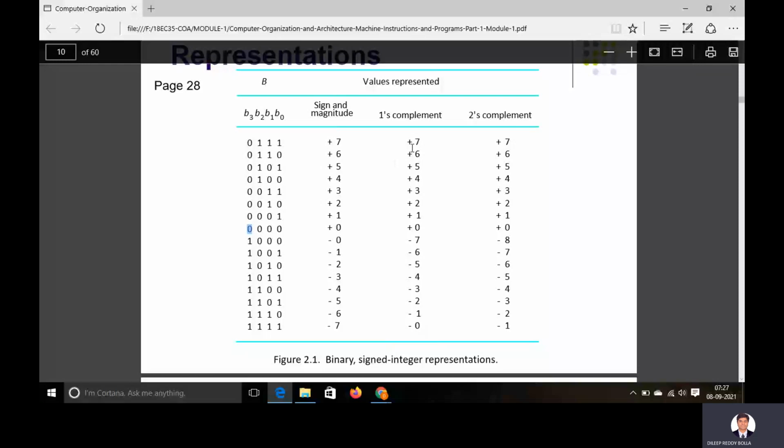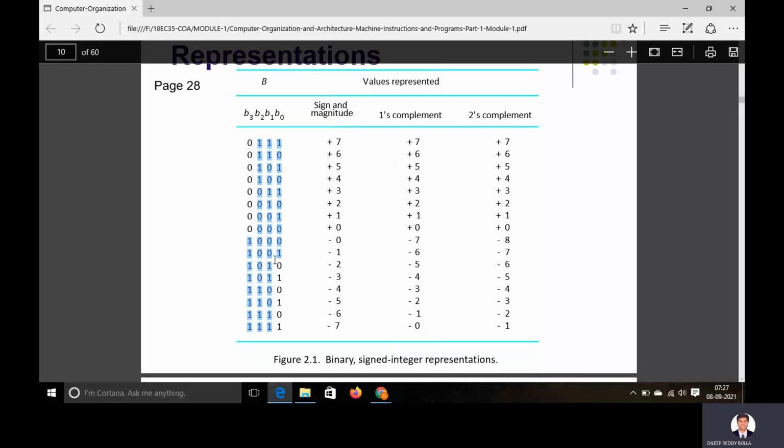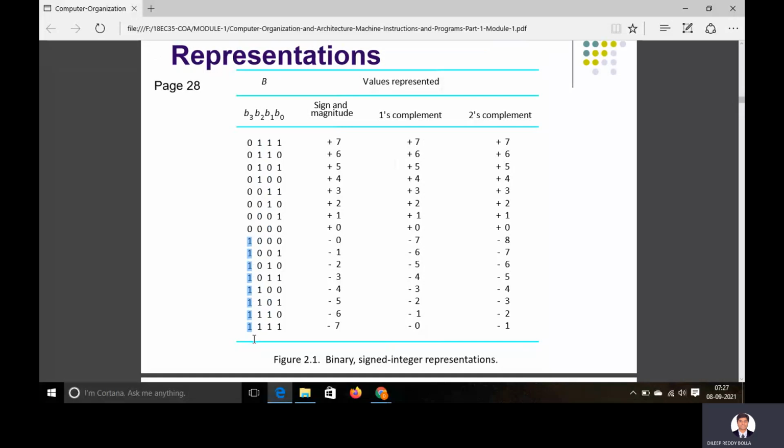Plus 6, plus 6, plus 6, plus 5, plus 0. The change occurs from this position, where the 1 indicates the magnitude is negative. Then 0, 0, 0 is 0, and 1, 1, 1 is minus 7. That's in the case of sign magnitude.